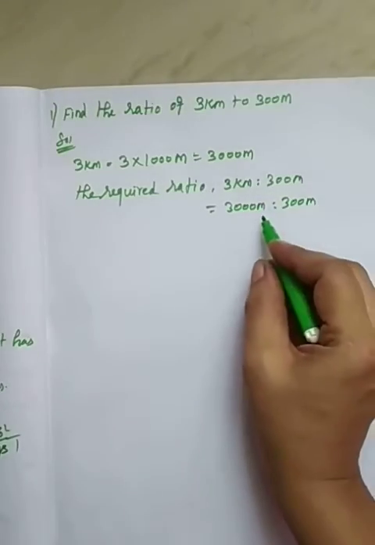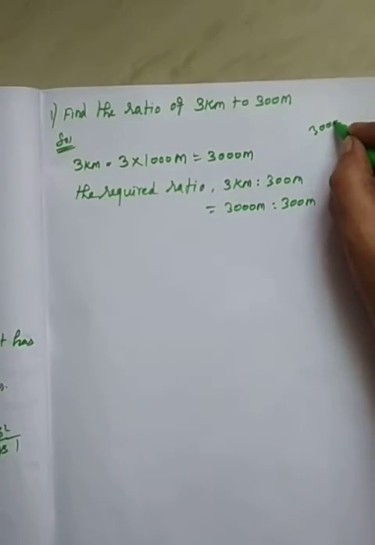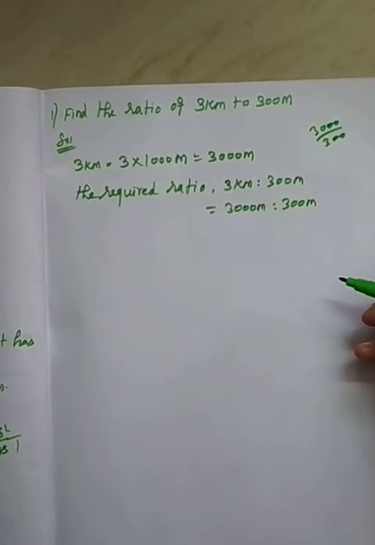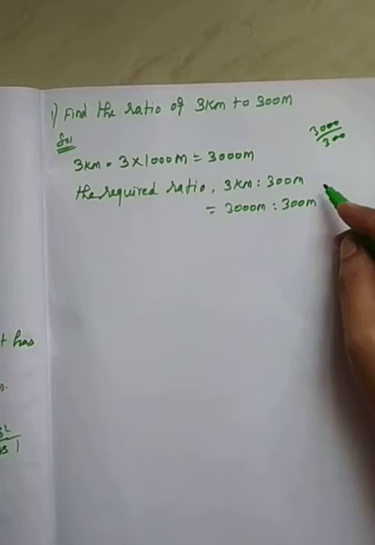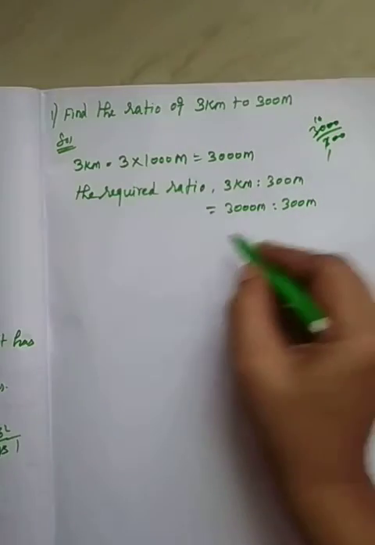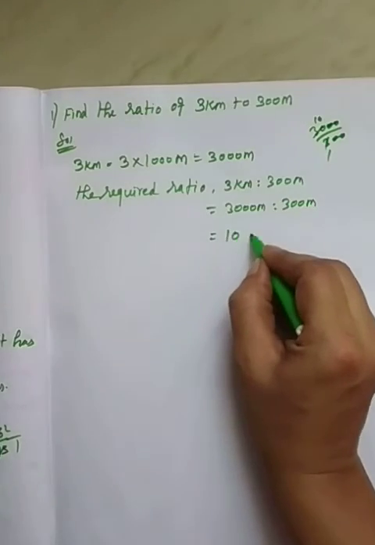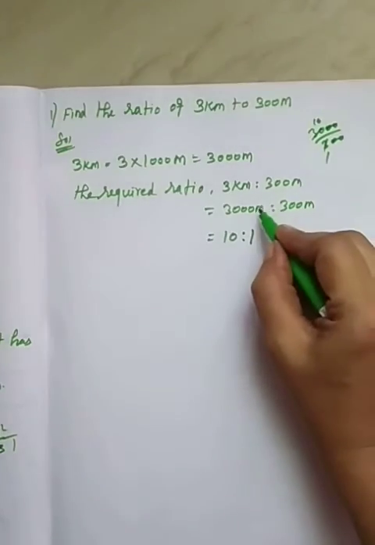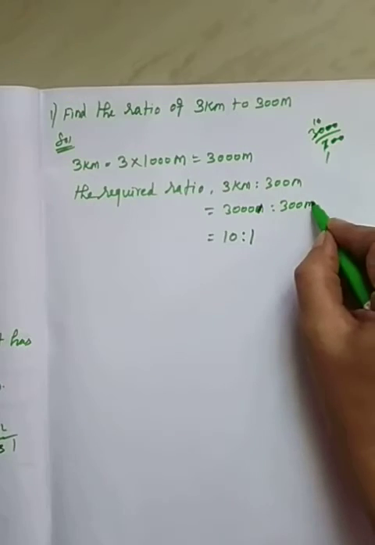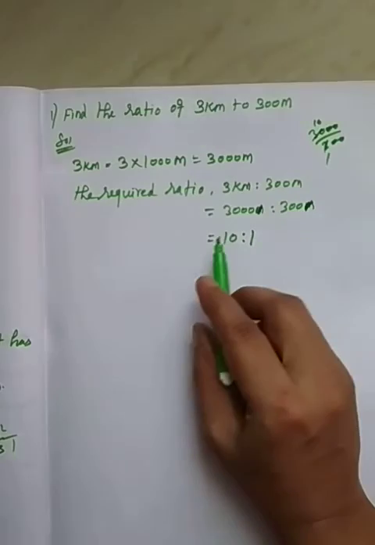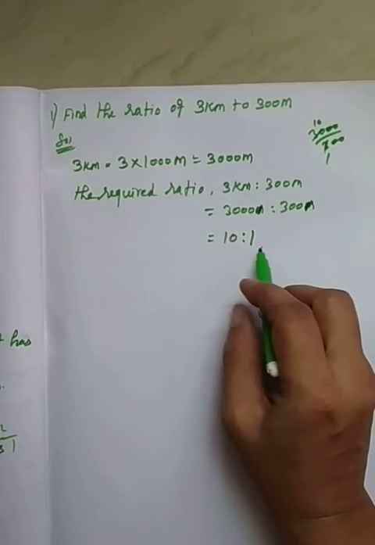Clear? That means 3000 divided by 300. Cancel the zeros, now 30 by 3. What will you get? 10 by 1. So we write 10 is to 1. Everybody clear? No need for the units, so remove the units.